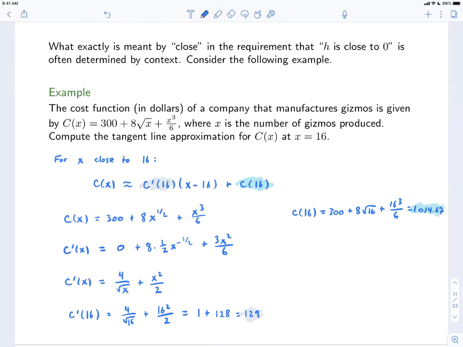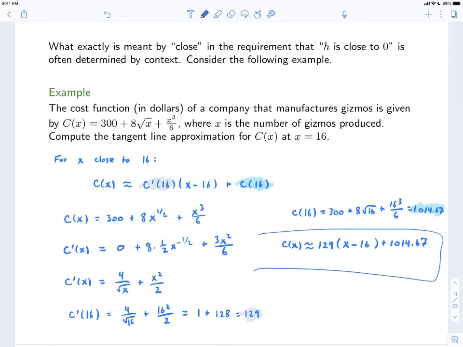So now we have that c at x is approximately equal to 129 times x minus 16 plus 1014.67, at least approximately. And that's our answer.